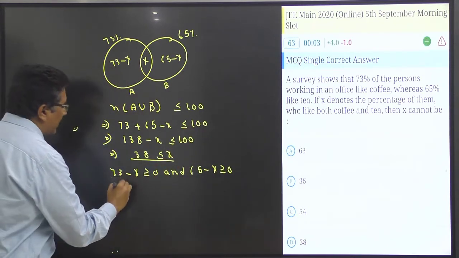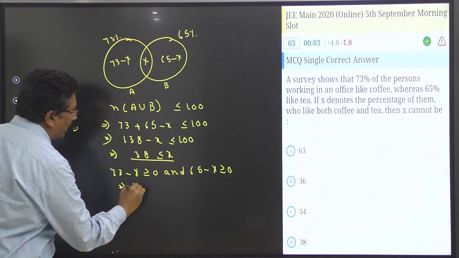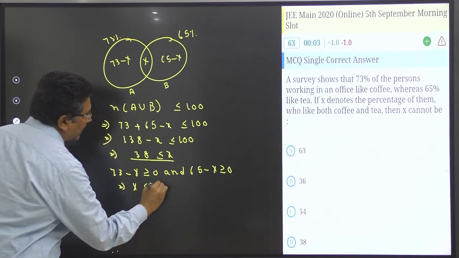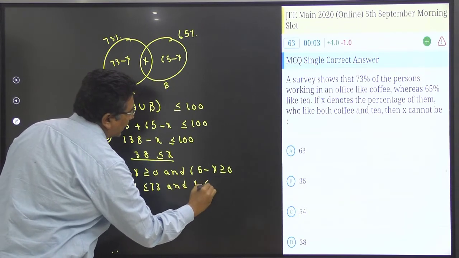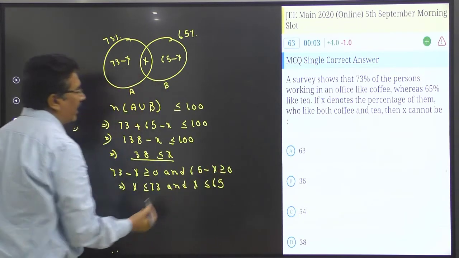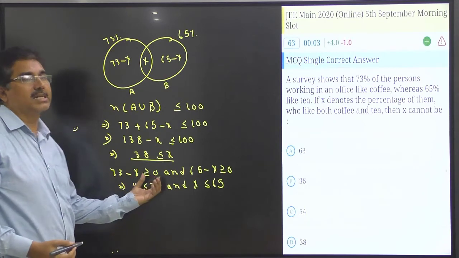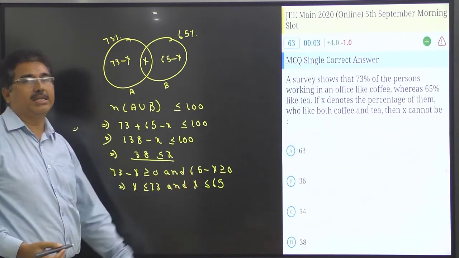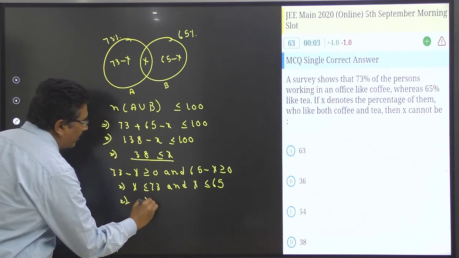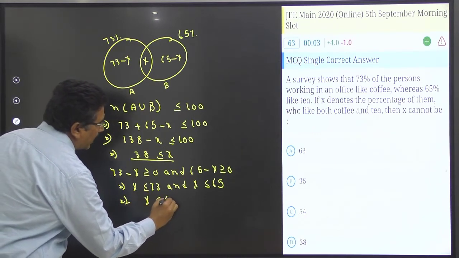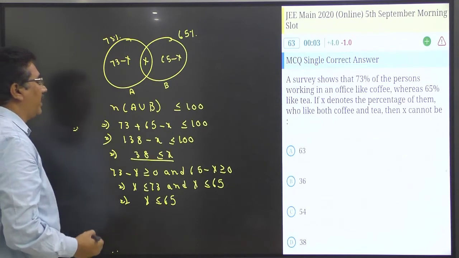That implies X less than or equal to 73, and X less than or equal to 65. Now the intersection of these two inequalities is X less than or equal to 65.